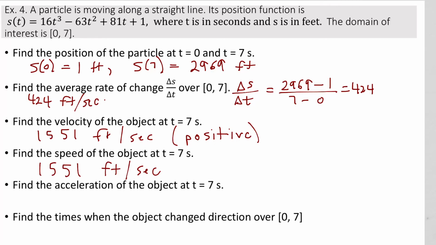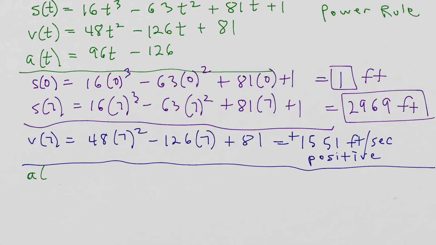Next, find the acceleration of the object at t equals 7 seconds. So that means I substitute 7 into the acceleration function. So a of 7 is 96 times 7 minus 126, and that gives you 546.